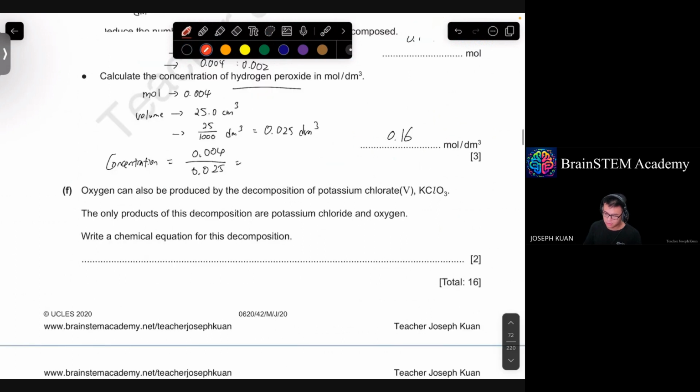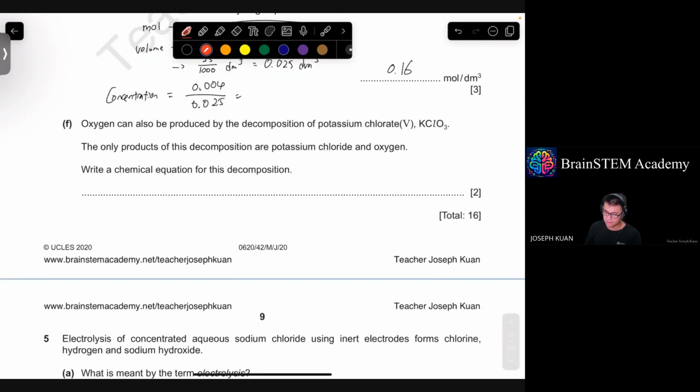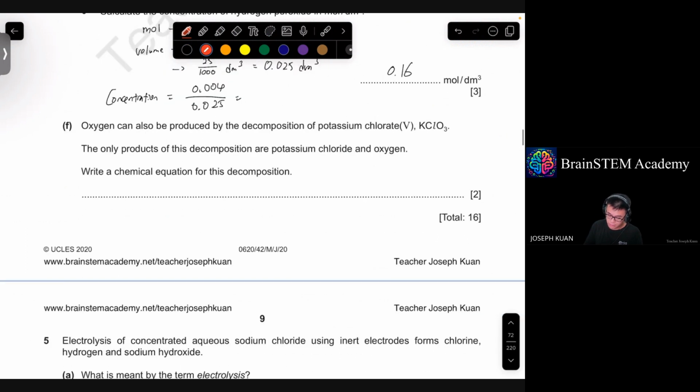All right, next question. Oxygen can also be produced by the decomposition of potassium chlorate(V). The only products of this decomposition are potassium chloride and oxygen. Write the chemical equation for this decomposition. So we see that potassium chlorate(V) decomposes into potassium chloride and oxygen.